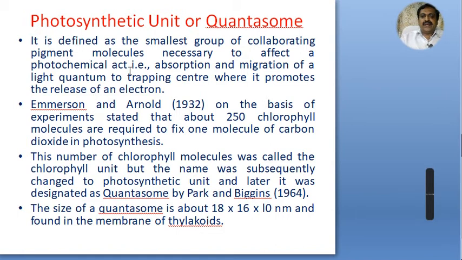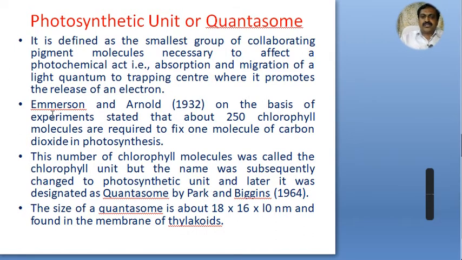So here the photosynthetic units, otherwise called quantasomes, we have learnt already in the previous lecture. It is defined as a small group of collaborating pigment molecules necessary to bring about a photochemical act, that is the light reaction, that is absorption and migration of a light quantum to the trapping center, that is the reaction center P680 or P700 accordingly, where it promotes the release of an electron.